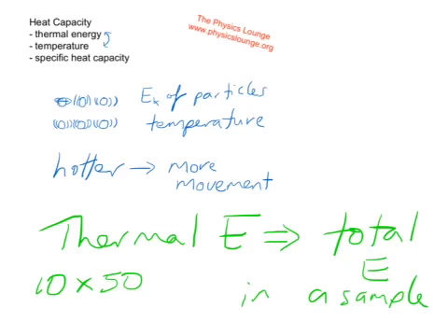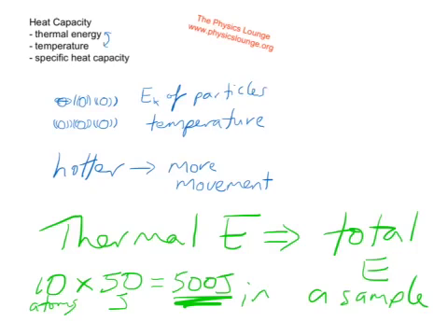This is totally random, I have no idea. That sounds like a heck of a lot of energy for 10 tiny little atoms, but that means our total amount of energy would be 500 joules. Okay, so that 500 joules is our total energy, which is our thermal energy.